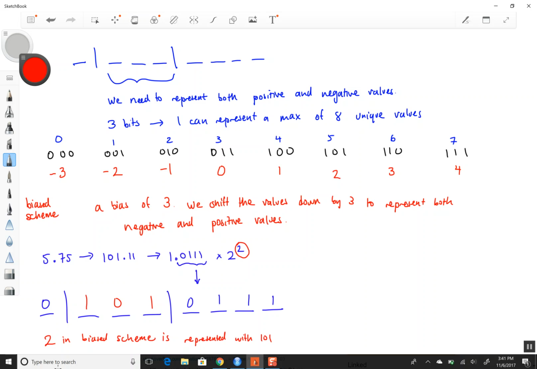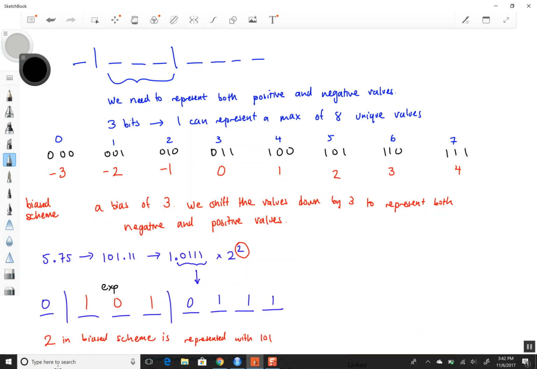That's what we will put in for the exponent part. It looks like a 5, but we have a bias of 3, so we shift that down and it's actually 2 to the 2.